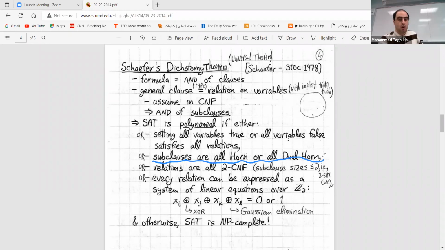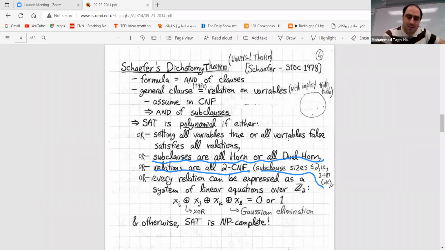Or all of these relations are 2-CNF. Essentially, that is 2-SAT. So intuitively, either you put all variables true or false and it works, or all of these subclauses should be Horn or dual Horn, or all of them should be 2-SAT.